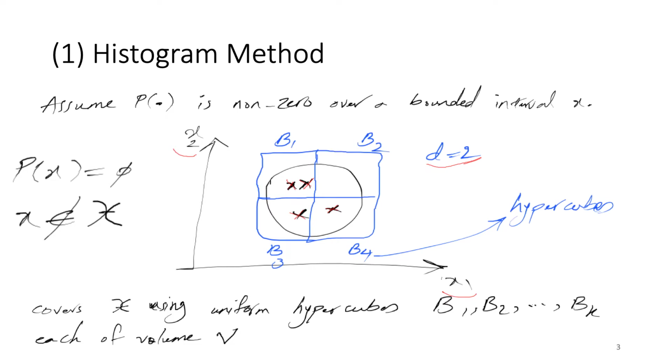As a notation, we call the volume of each of these uniform hypercubes V.